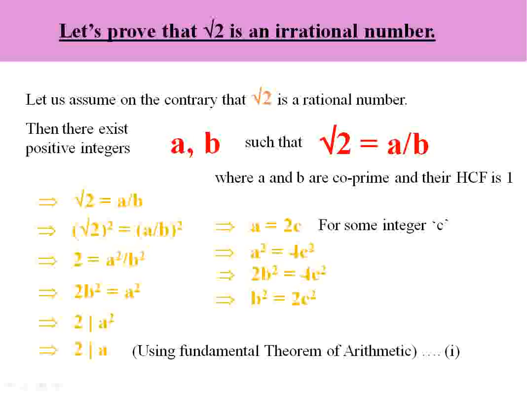Dividing both sides by 2, we get b square is equal to 2c square. This means 2 completely divides b square as well. Or else we can say 2 completely divides b using the same fundamental theorem of arithmetic. Let's call this inference 2.